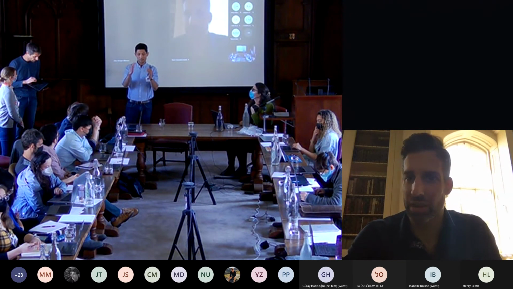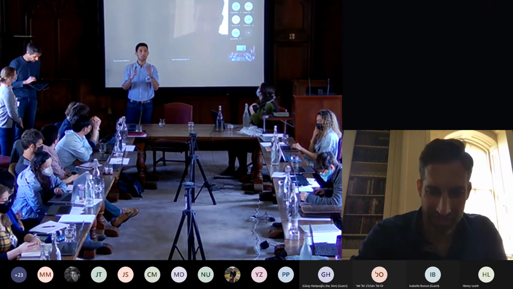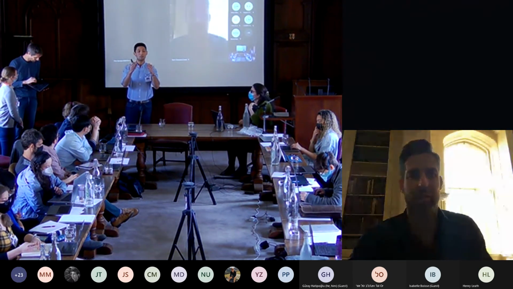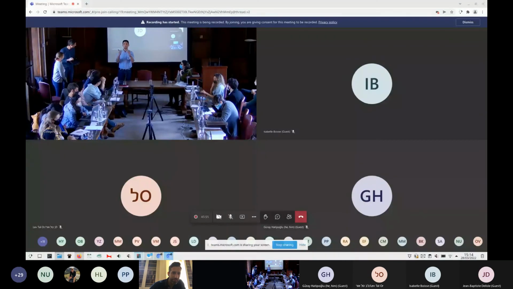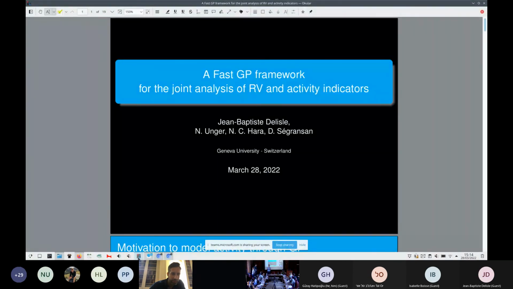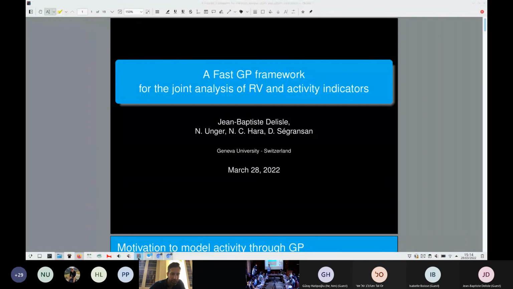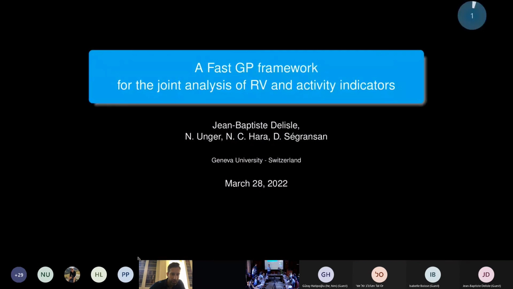Yeah, an easy way to see which time series will depend on the derivative is how much they depend on whether the spot is in the blue shifted part of the star or in the red shifted part of the star. For example, for the flux, whether the spot is in the blue or the red shifted part will not really matter, you will have the same decrement of flux.